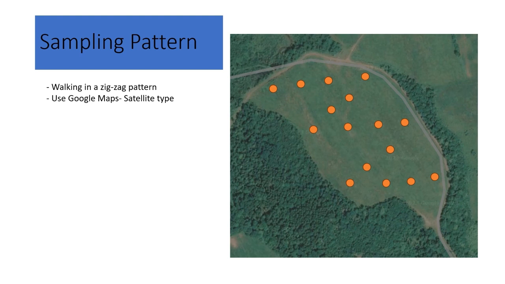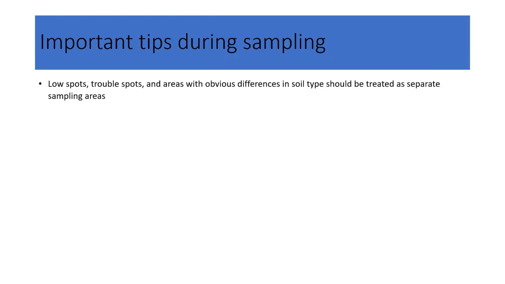Because each field is unique and has different spots to watch, it is good to treat spots in different conditions as separate areas, such as low spots, trouble spots where you have less blueberry coverage, and areas with obvious difference in soil type.